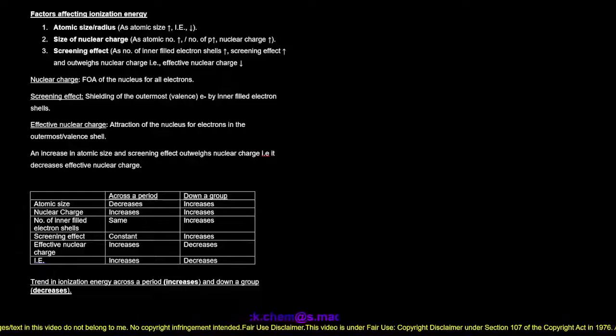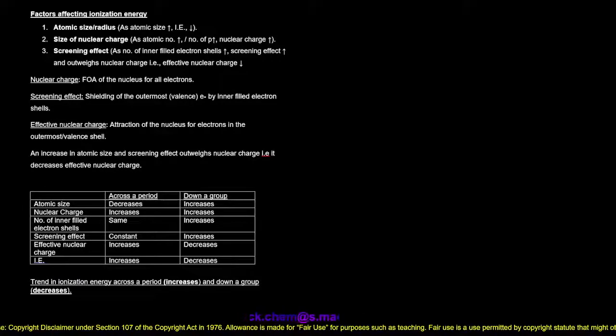One other factor which changes is the number of inner-filled electron shells. With an increase in the number of inner-filled electron shells, our screening effect increases. This screening effect is going to outweigh the nuclear charge such that it decreases the attraction of the nucleus for the electrons in the outer shell. That is, effective nuclear charge decreases.